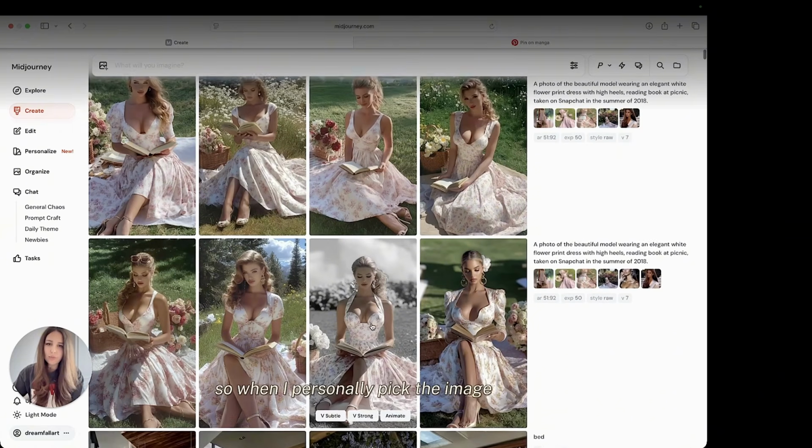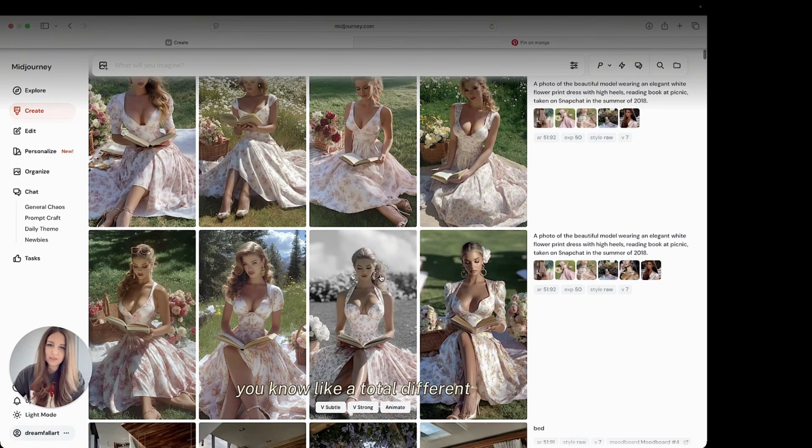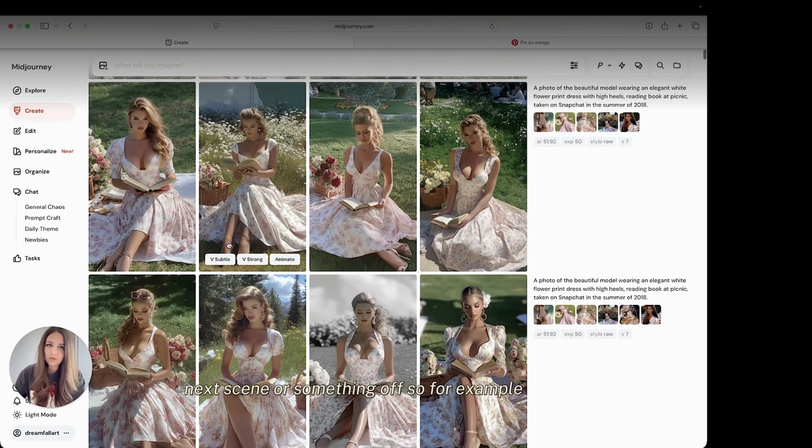So when I personally pick the image for my reels, I of course, as we did with designs and architecture, pick the best one that really stands out to my eye. But I also see that all images that I pick, no matter how much I liked some, I just can't add them just because it will look like a totally different next scene or something off.